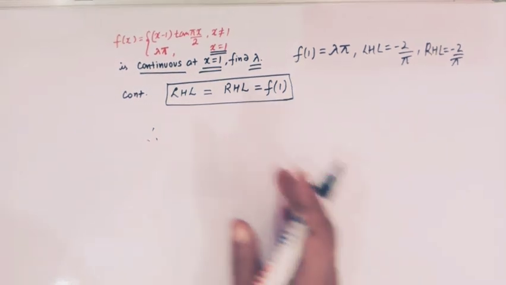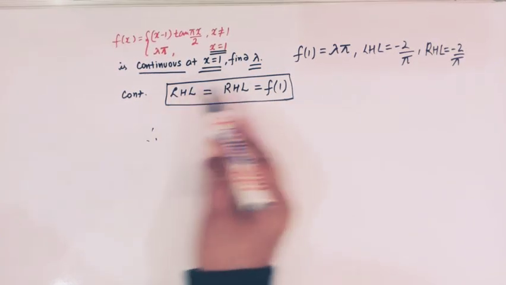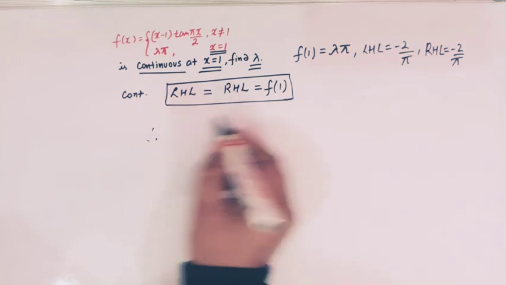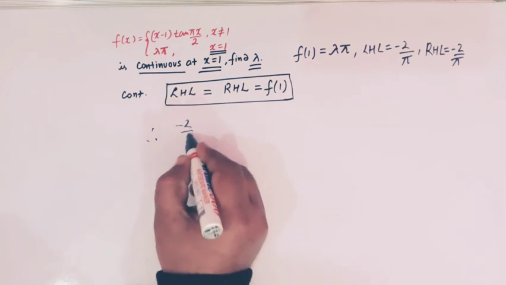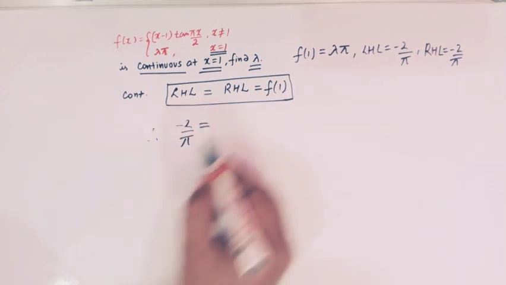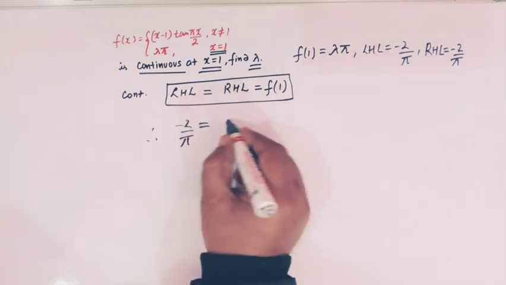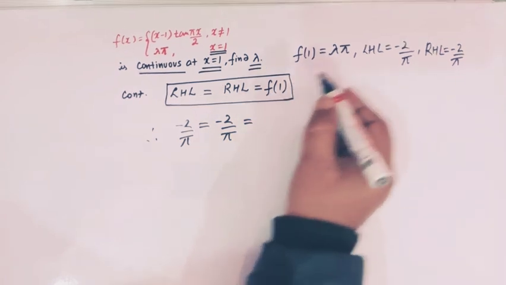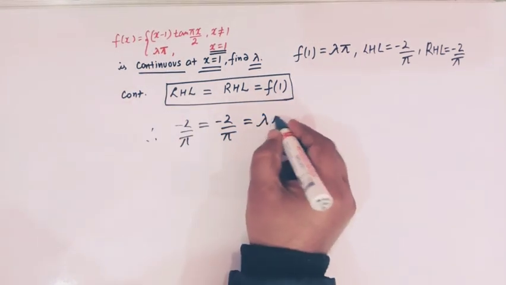So now let us again come to this relation. So we have obtained the value of left hand limit as minus 2 over pi. So let us substitute it here. So we have minus 2 over pi. Right hand limit is also equal to minus 2 over pi, and f of 1 is given as lambda times pi, right?